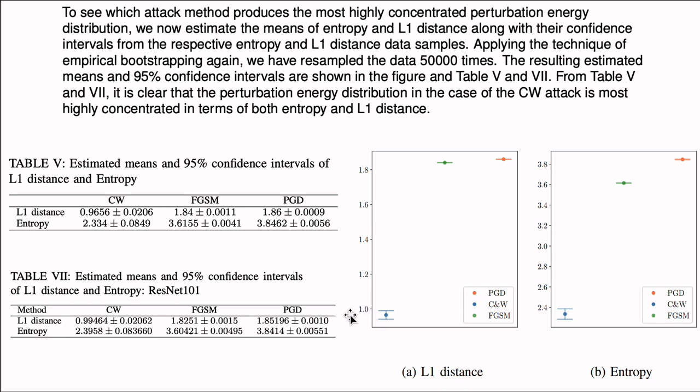As you see here, the CW attack, in both tables and figure for ResNet 18 and ResNet 101, is concentrated in the DC coefficient, while the others are not. It's distributed among other components.